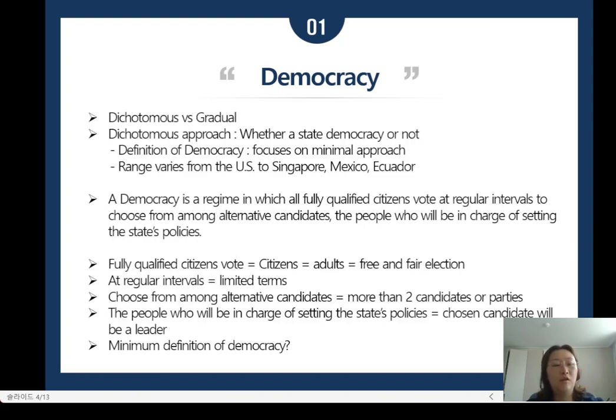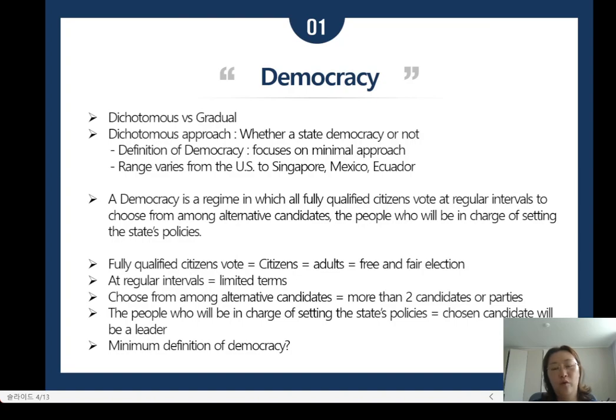And at regular intervals there must be limited terms. So Yoon Suk-yeol's power will be over within 3 years. There is a limited term. The president has a 5 year term, and politicians have a 4 year limited term. So we know that there will be another election 4 years later, to choose from among alternate candidates.